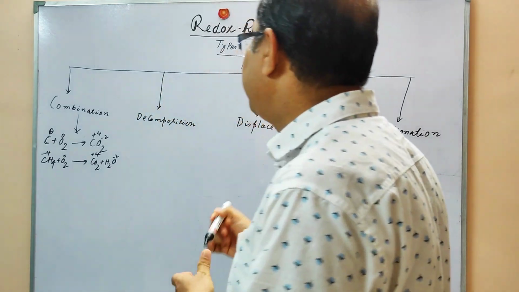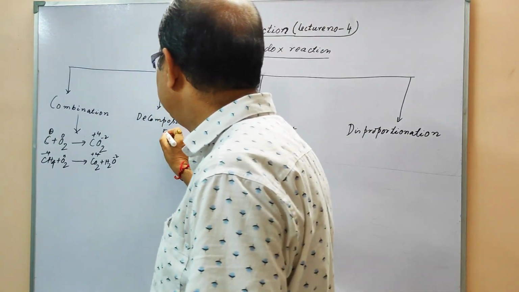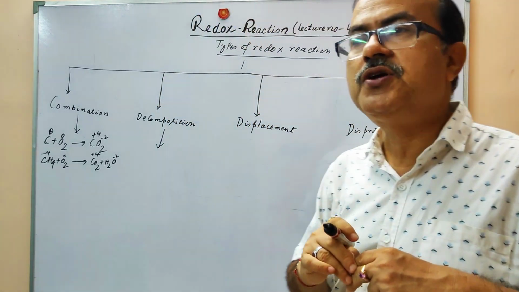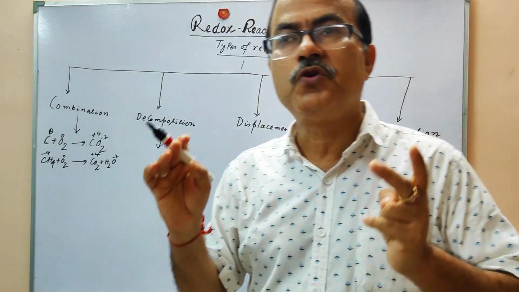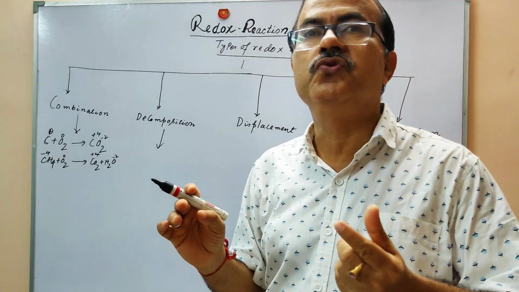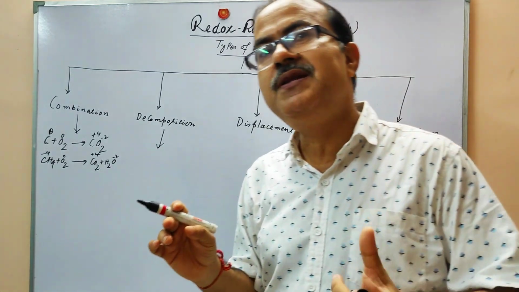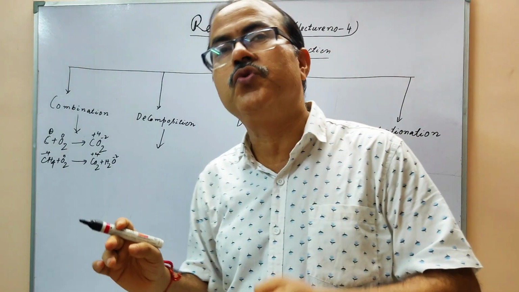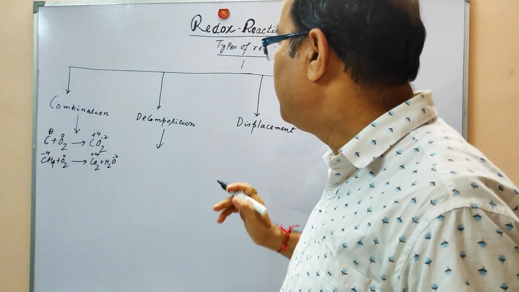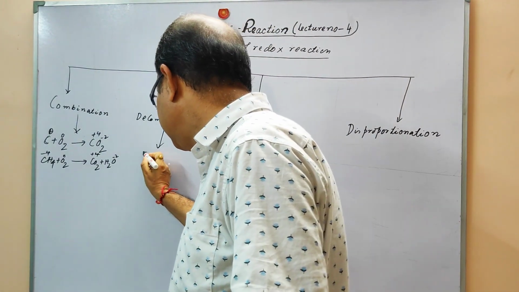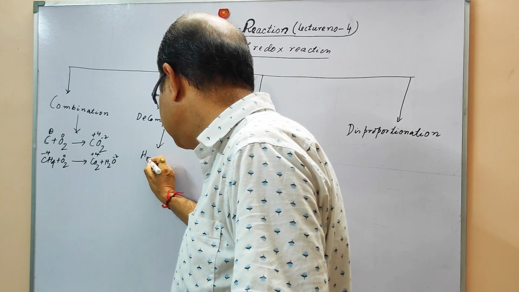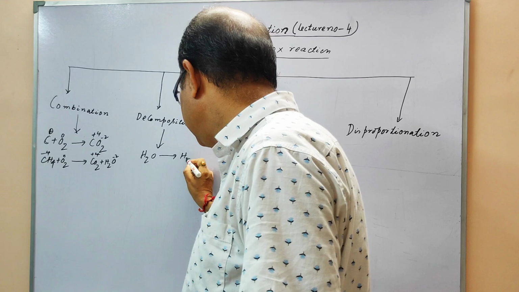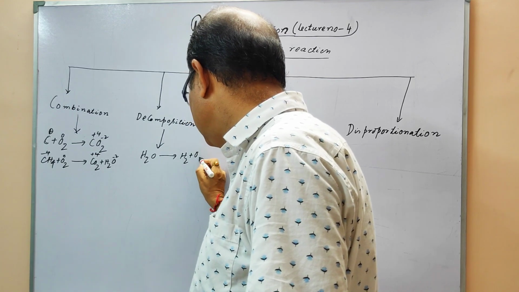So we can write here that the decomposition reaction is the formation of two or more components from a molecule. A molecule has been broken into two or more components. An example is a very simple reaction: H2O gives H2 plus O2.